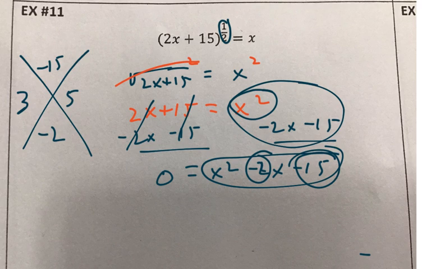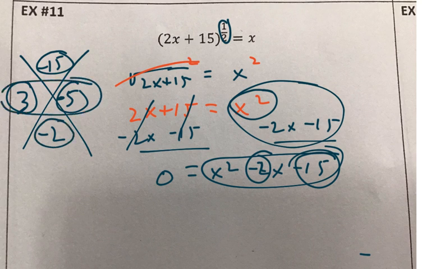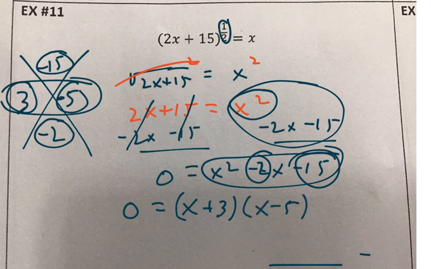Now, I need a negative 2, so I'm going to do a 3 minus 5. And, of course, 3 times negative 5 will give me negative 15, just like 3 minus 5 will give me the negative 2. So, taking those two numbers, they're going to tell us our factored form. 0 equals x plus 3 times x minus 5.